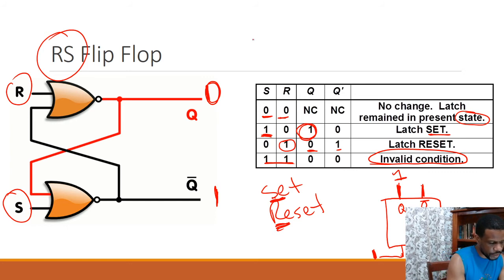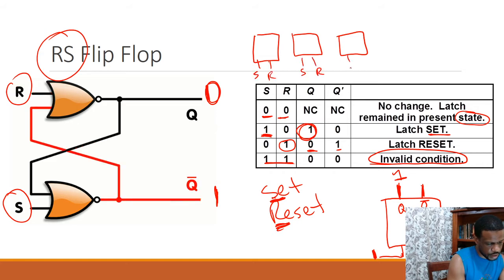So now if I take multiple RS flip-flops like this, I have the set, reset, then I have the set, reset.